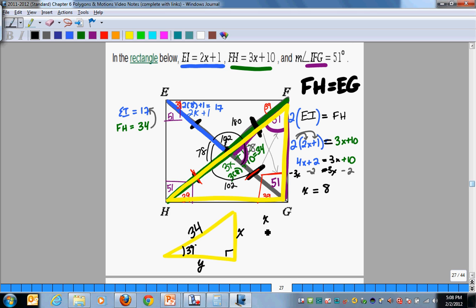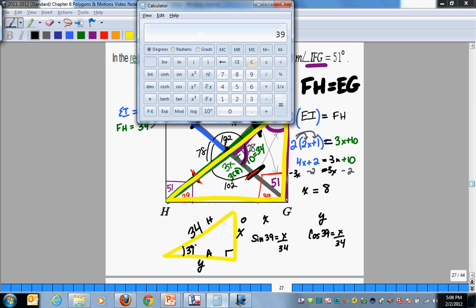If I want x, I know this is opposite over hypotenuse, so I can do sine of 39 equals x over 34. And to get y, that's going to be adjacent, so I can do cosine 39 equals y over 34. And I can solve for my side lengths there.